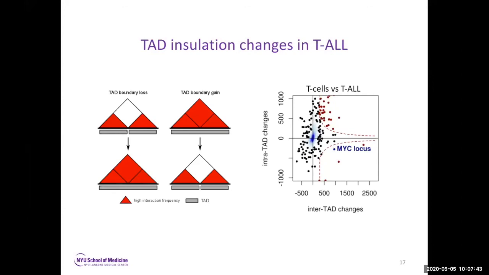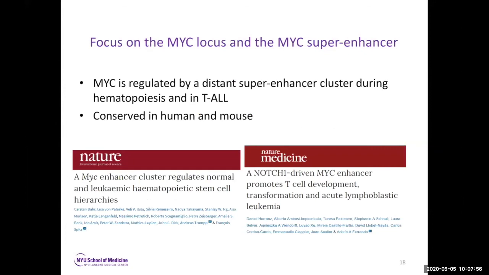And one of them, and I'll focus on that, is actually MYC. And I've told you before that MYC is one of the oncogenic drivers in T-cell leukemia. So what we've seen before, and this is data that came from Francois Spitz and Adolfo Ferrando, is that there's a MYC enhancer, which is in what people used to call a gene desert, basically downstream of MYC, that controls expression of hematopoietic MYC gene.